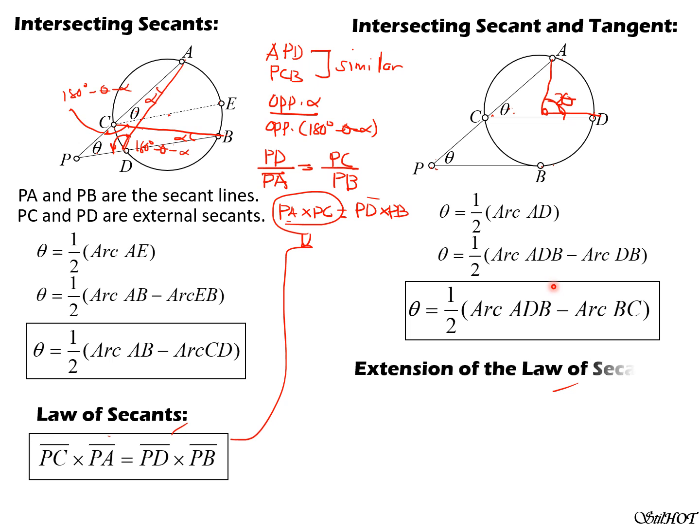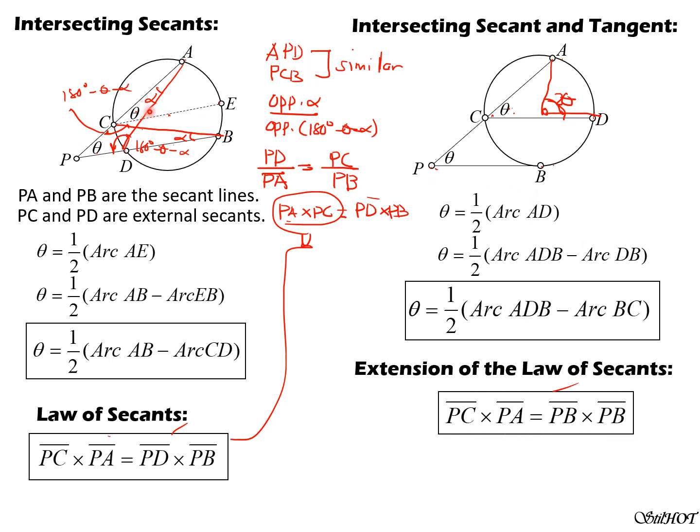We can prove this by introducing another triangle if you want there, and you can have similar triangles again. So again, I will leave that for you to prove. You just consult this proof here so that you can also prove that.